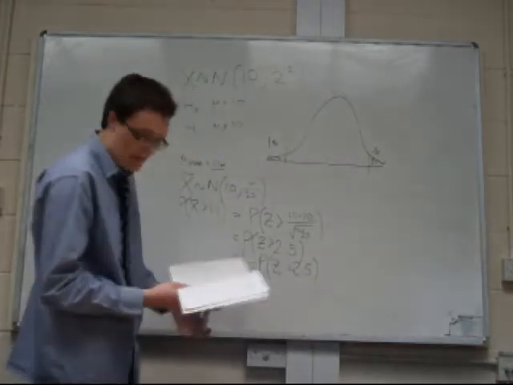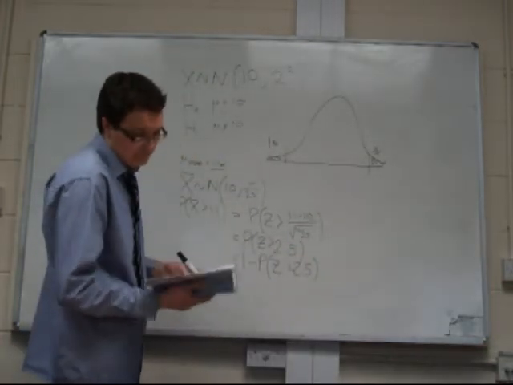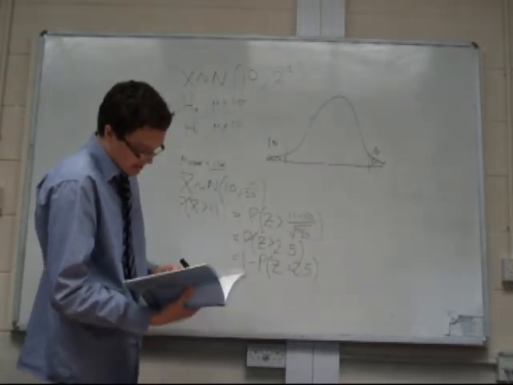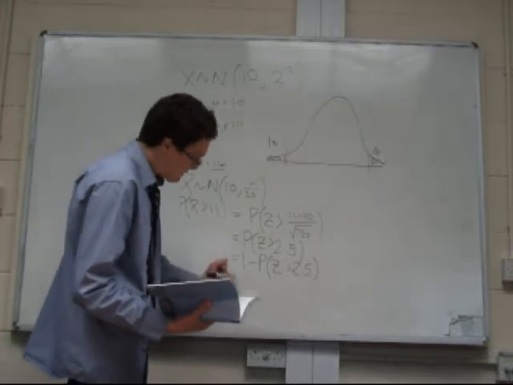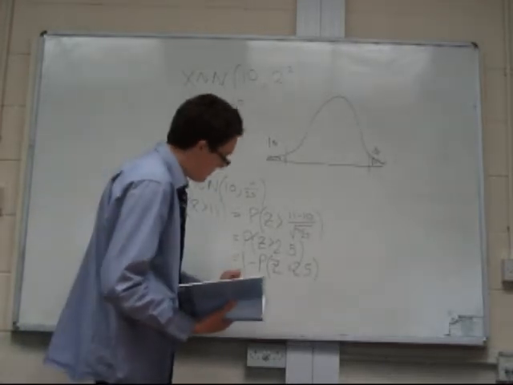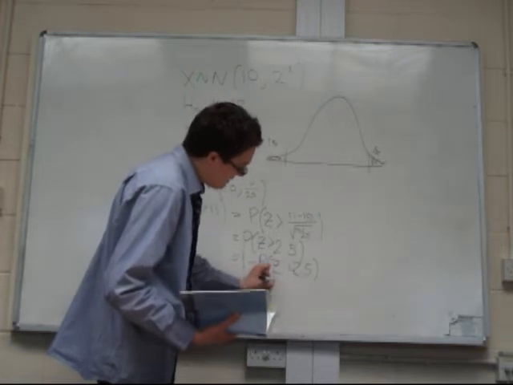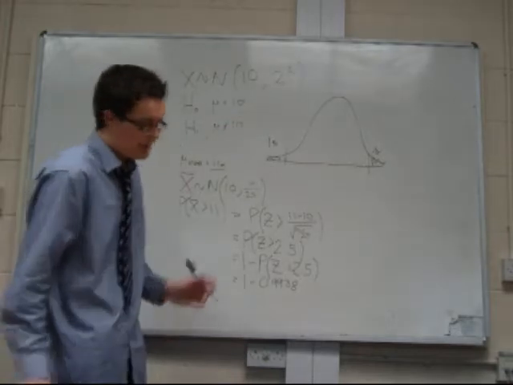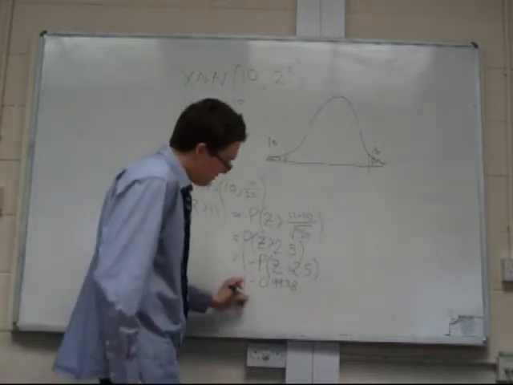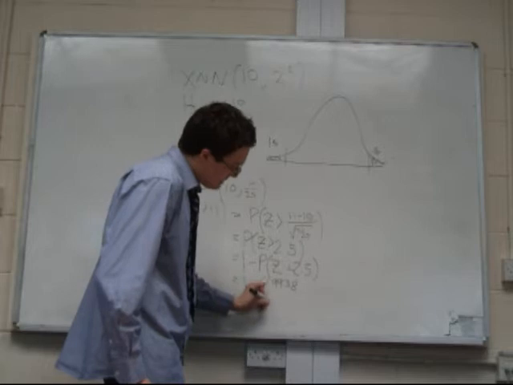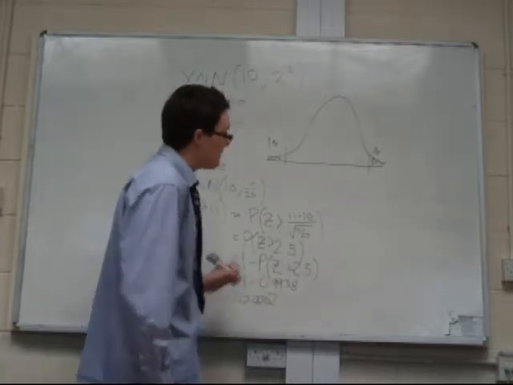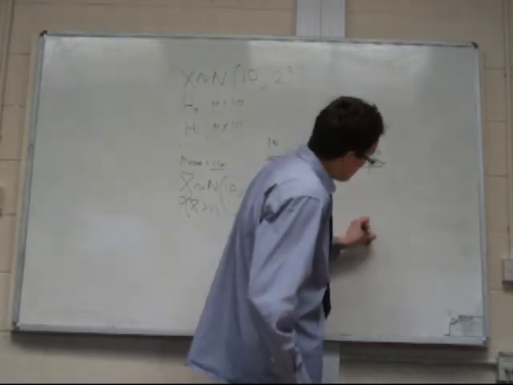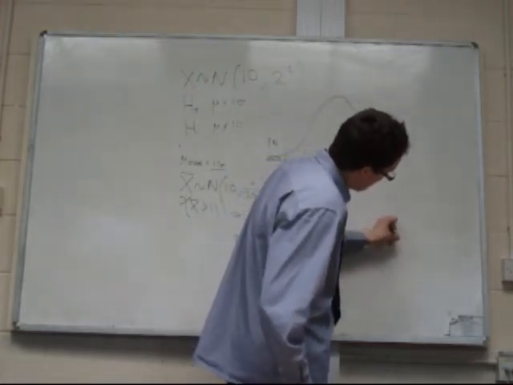The probability that Z is less than 2.5 is 0.9938. So 1 minus 0.9938 is, of course, 0.0062, which equates to 0.62%.